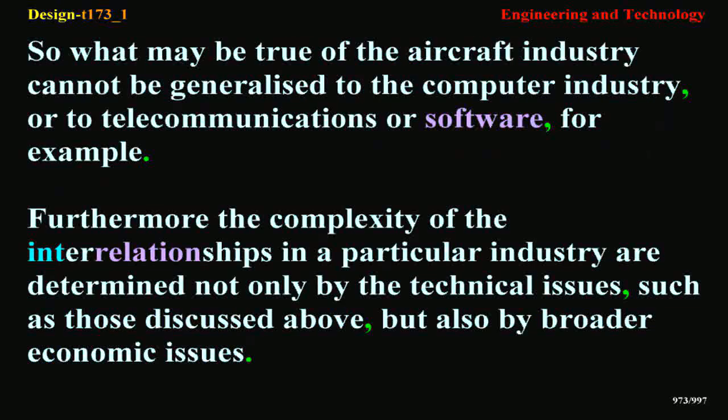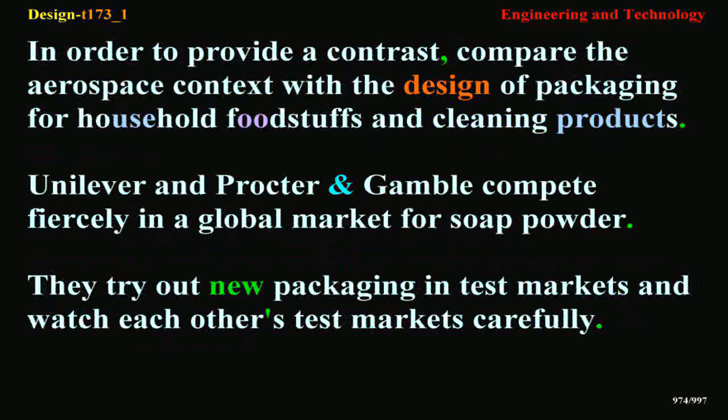So what may be true of the aircraft industry cannot be generalized to the computer industry, or to telecommunications or software, for example. Furthermore, the complexity of the interrelationships in a particular industry are determined not only by the technical issues, such as those discussed above, but also by broader economic issues. In order to provide a contrast, compare the aerospace context with the design of packaging for household foodstuffs and cleaning products.